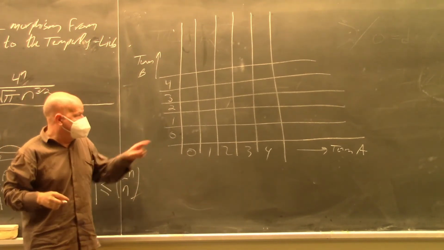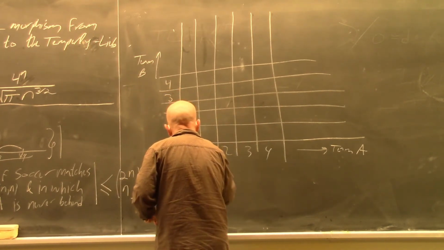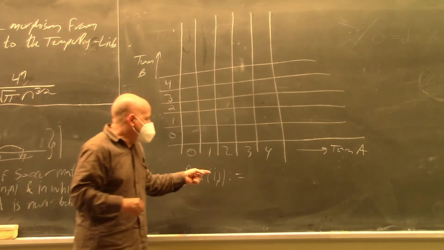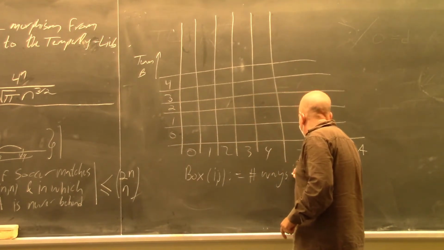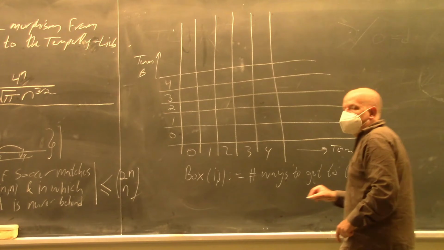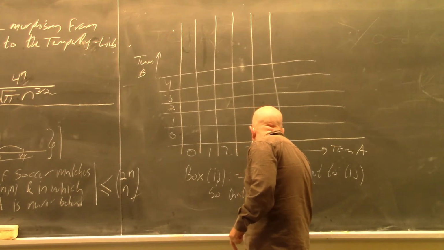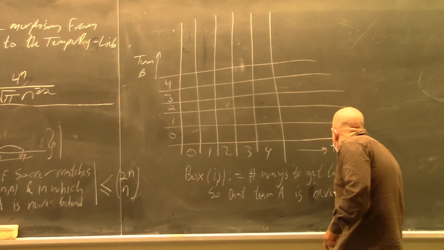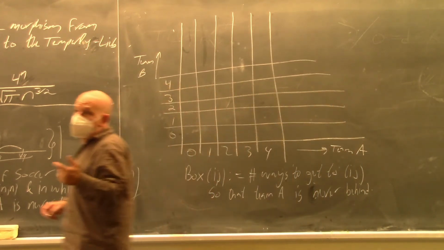What I want to put in any box here: in box ij, I will put the number of ways to get to this score, the number of ways to get to the score ij in such a way that team A is never behind. Basically, I've generalized the problem.